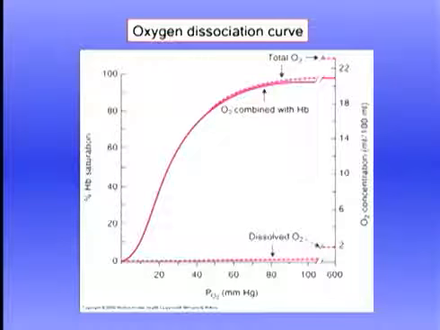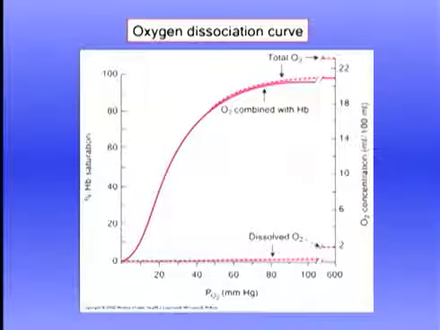Now let's start by looking at the arterial PO2, because all patients with respiratory failure have severe hypoxemia. And let's look at first the oxygen dissociation curve. I like to keep that at the back of my mind when I look at a PO2 in a laboratory record of arterial blood gases.